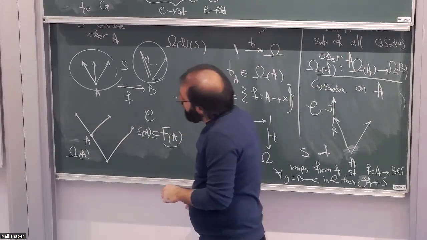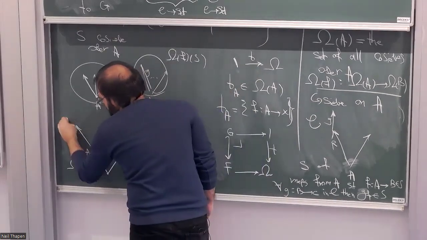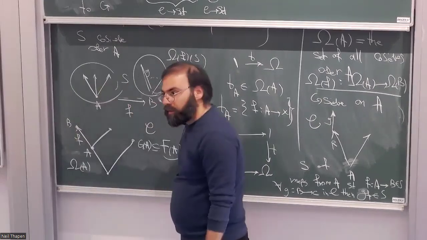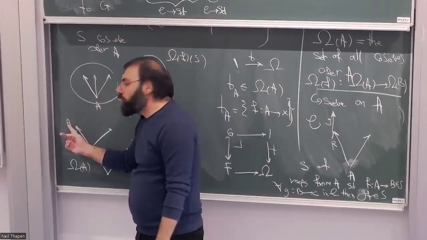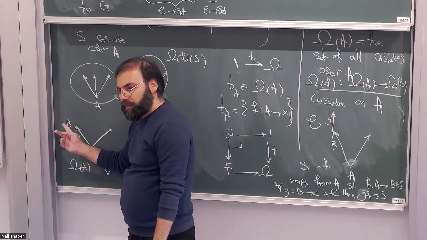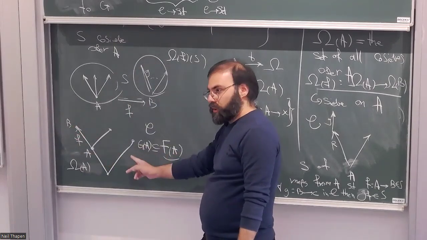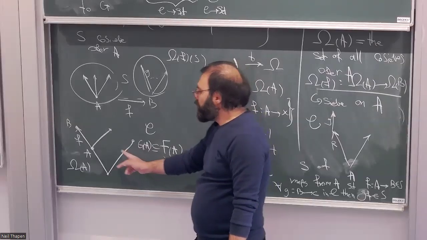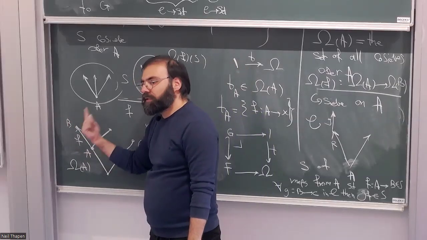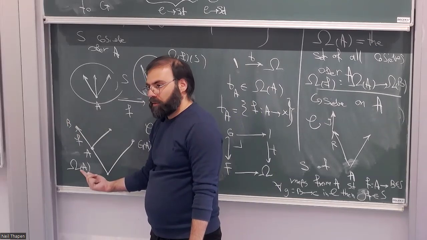Again, the problem is that you have different morphisms, right? This is not the case that you get 0 or 1 for B, that here that element goes to G of B. The point is that for different F's, different things can happen.